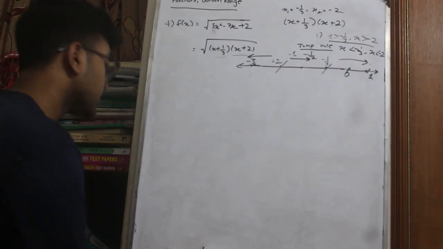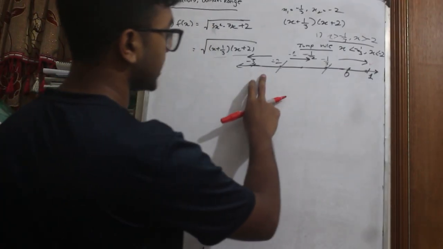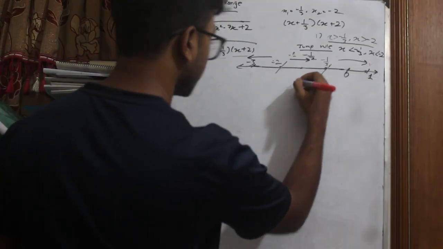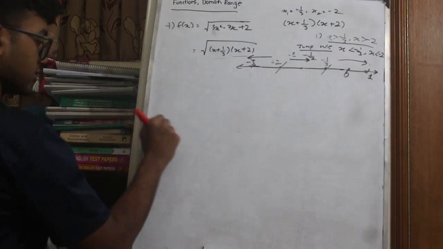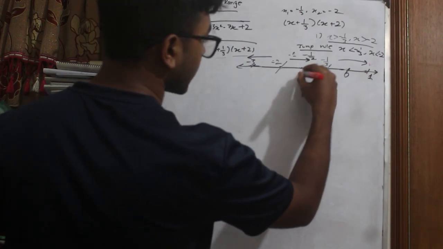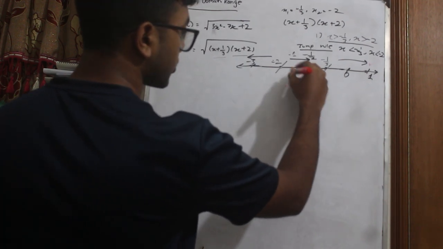So I can clearly see that the numbers between minus 2 and minus 1 by 3 are not applicable. It's a huge cross.